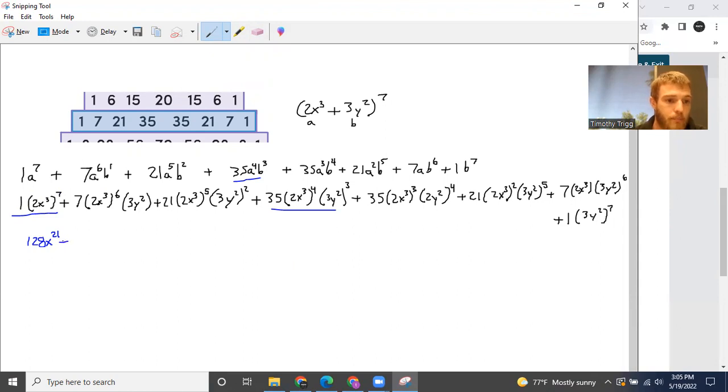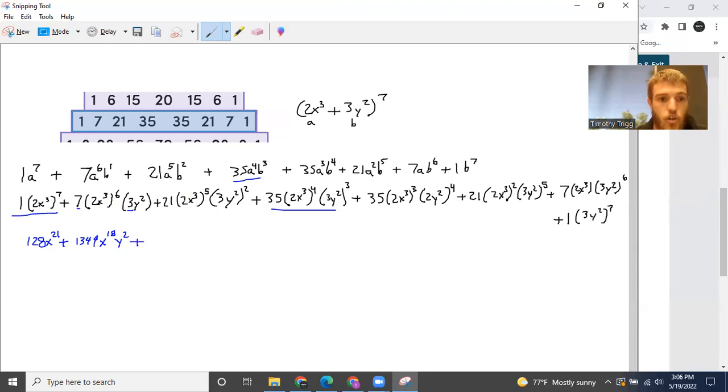The next one, we're going to do 2 to the power of 6 times 3 times 7. 2 to the power of 6 is 64. Times 3 times 7 gives us, and again, times 3 because of this 3, and times 7 because of this 7. That gives us 1344. And then we're going to have x to the power of 18. 3 times 6, that's 18. And we have a y squared. That's 1344 there.